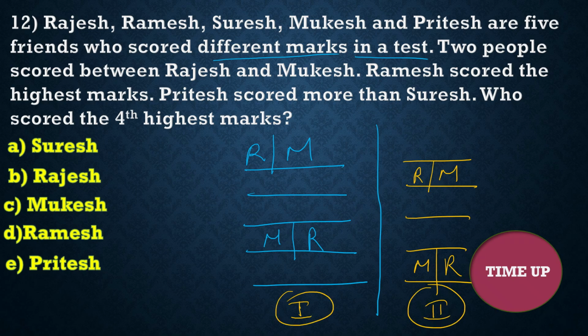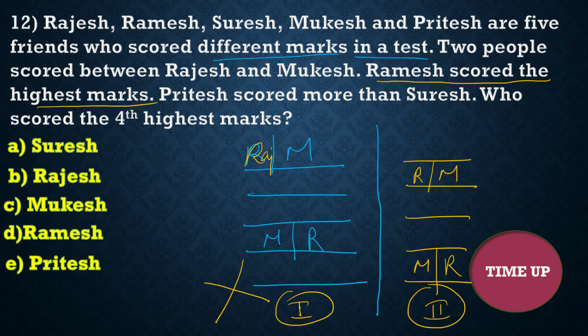Later on, Ramesh scored the highest marks. So obviously the first arrangement will be wrong because we had placed Rajesh or Mukesh here. Correct? So in the second statement, it is saying that Ramesh has scored the highest marks.